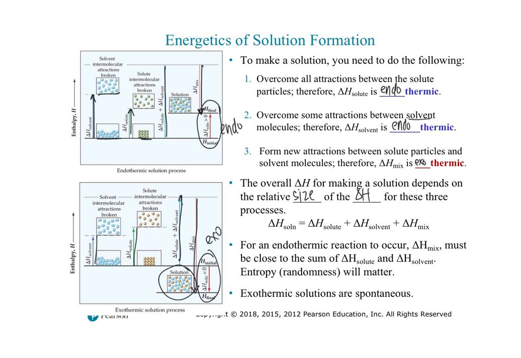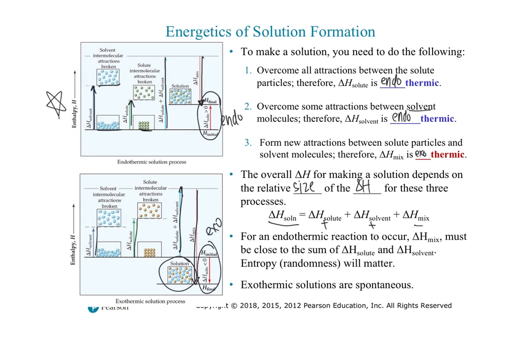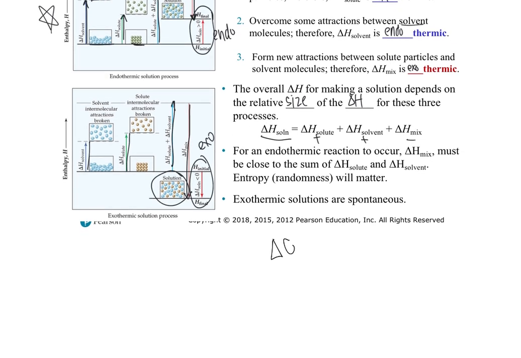So this is where our Gibbs comes in later. So we're going to take our solute, solvent, and mixing and add them together, keeping in mind this is always positive, and this is always a negative value. So if we end up getting an endothermic reaction, so our solution here ends up being this top case, then if we have our Gibbs energy, right, delta G equals delta H minus T delta S. So if our enthalpy of solution is positive, to get this process to happen spontaneously, I need my entropy to really matter.